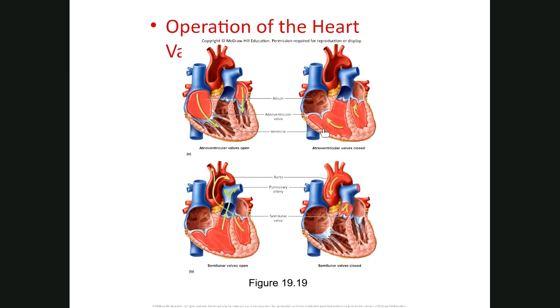So what would happen after this has been filled? Okay, remember we just had the first heart sound. It's a combination between the two valves, lub. The ventricles will now contract because it's being stimulated by the Purkinje fibers.